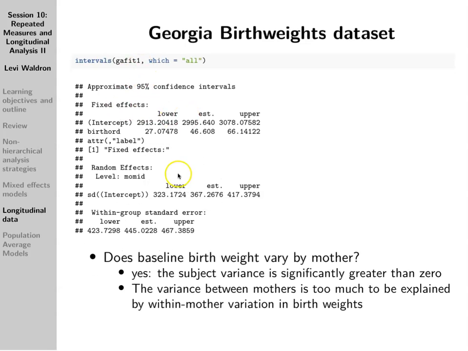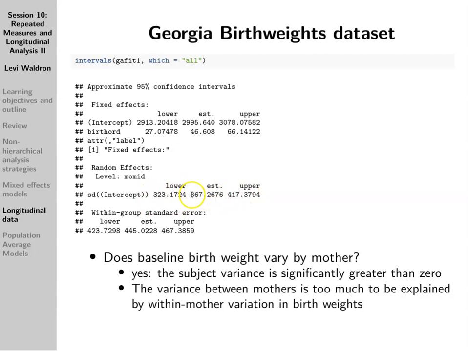The intervals function is convenient just for giving us confidence intervals, both on the fixed effects, as we're accustomed to reporting in papers, but also for the standard deviations of the random effects. So this shows us that the subject standard deviation of 367 does not cross 0.